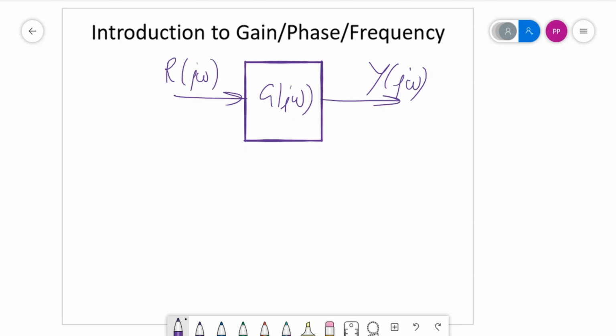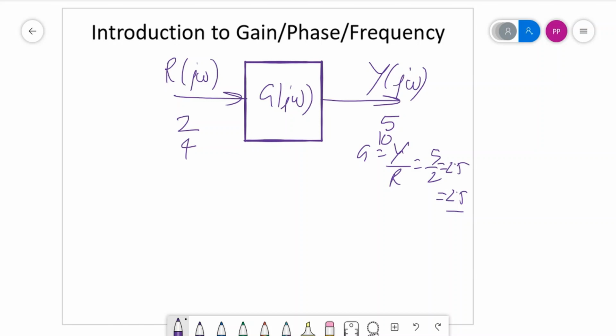So if the input is say 2, a constant value, and output is 5, the gain of the system is y by r, 5 by 2, which is 2.5. But if the input changes to 4, and I am assuming that the system is linear over the frequency, it should give an output of 10, but the gain again should be 2.5.